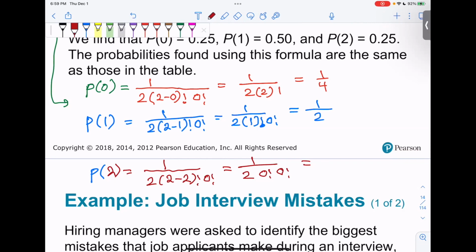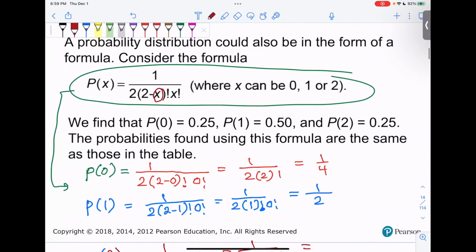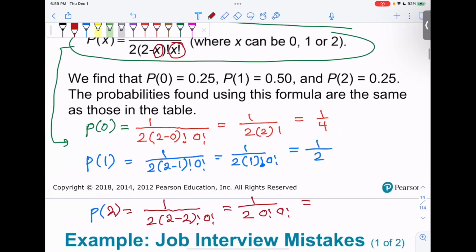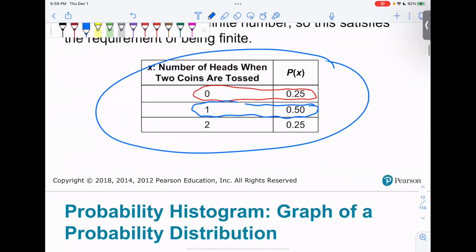Let's look at the formula again. Oh yeah, we have 2 here. So this is x, and this value is 2, right? So 2 factorial is 2, 2 times 2 is 4, which is the same as this value.